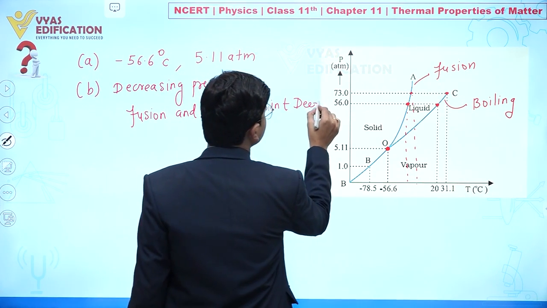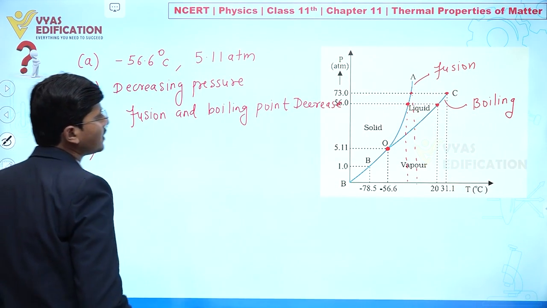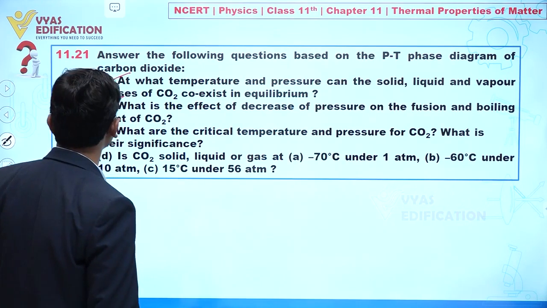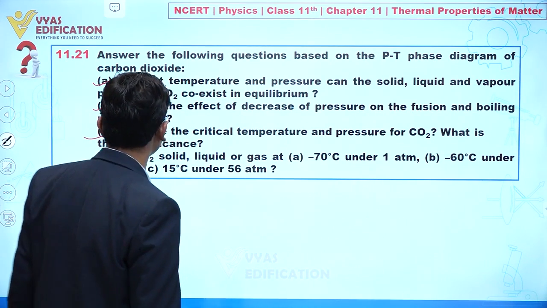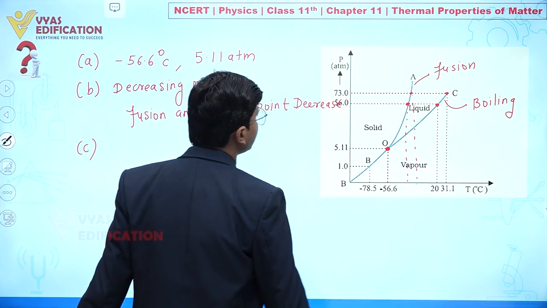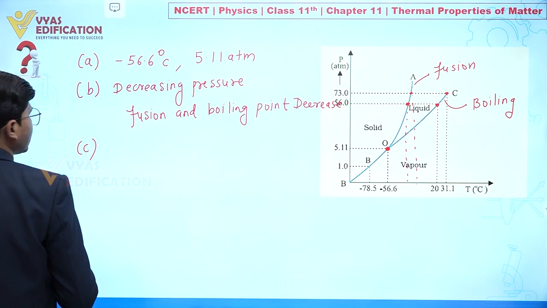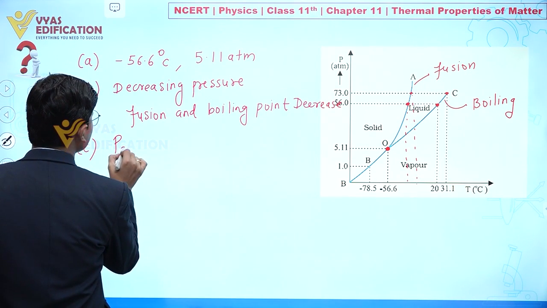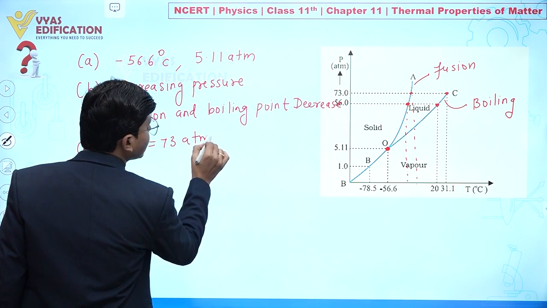Clear? Decrease. Now if we are talking about part number C, in part number C it is given, what are the critical temperature and pressure for carbon dioxide and what is their significance? Now if you observe this graph, you can say point C represents the point that is related to critical temperature. Critical temperature means we can say corresponding to this critical temperature we have pressure, this is 73 atm. Clear?